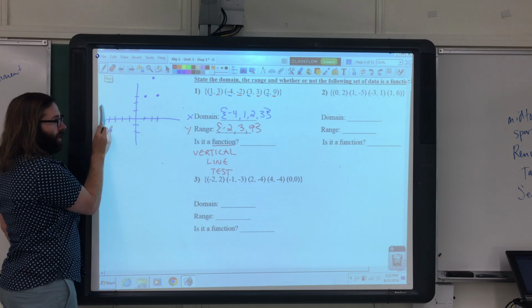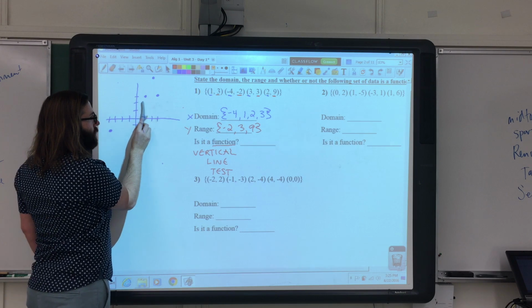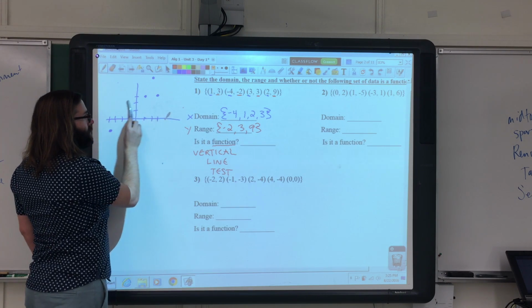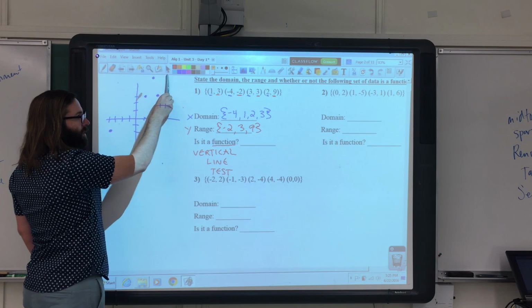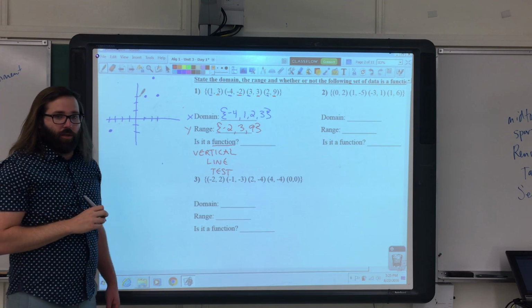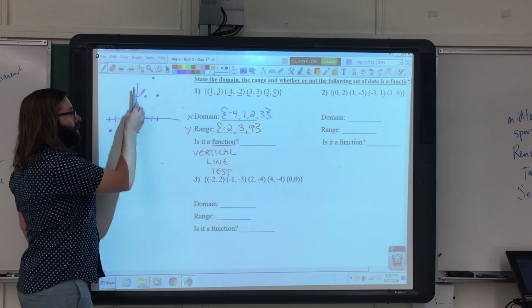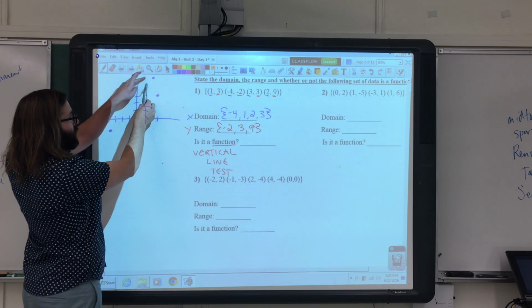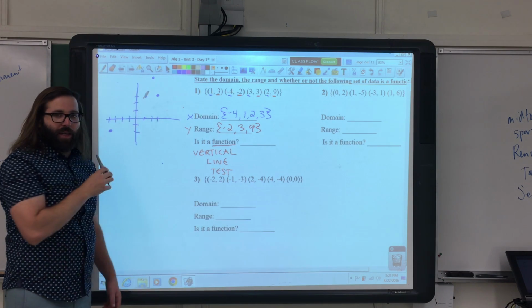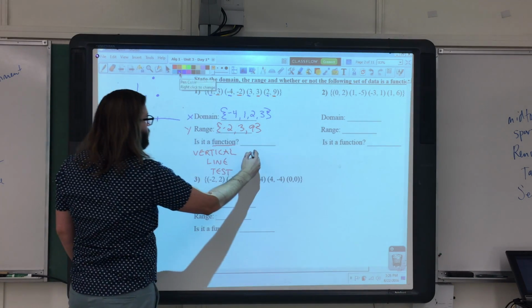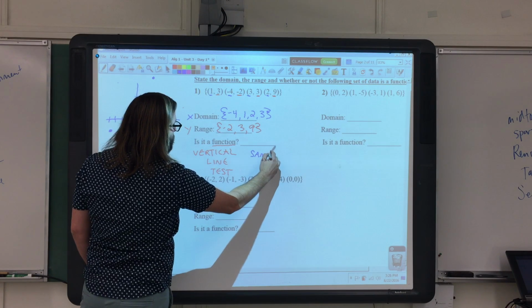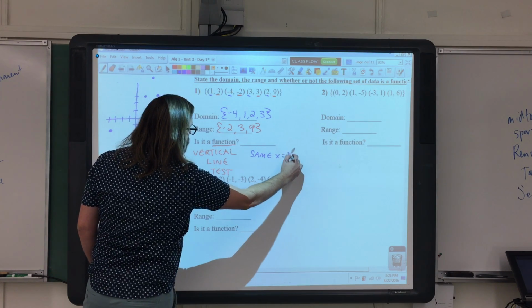So we bring a ruler like this, and if there are 2 points on the same vertical line, that's not going to be a function. Okay? If there's a point up here and here, that would mean they have the same x values. So vertical line test, same x equals no function.